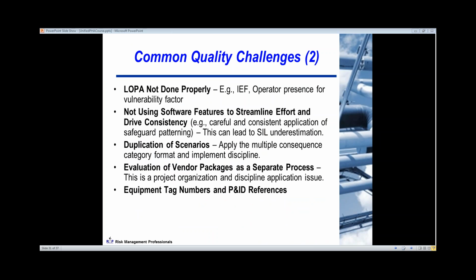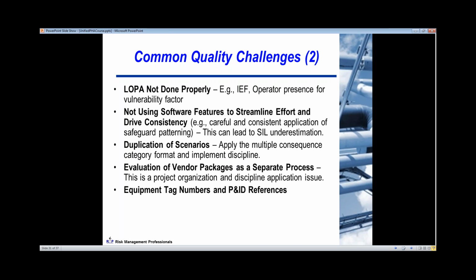One of the key quality challenges, and the cost associated with it, is not using the software features in the software packages that can help drive consistency, make it easy to assign SIL values, and really simplify the documentation of the HAZOP and LOPA. That's a key one. Duplicating scenarios has got to be the biggest one.